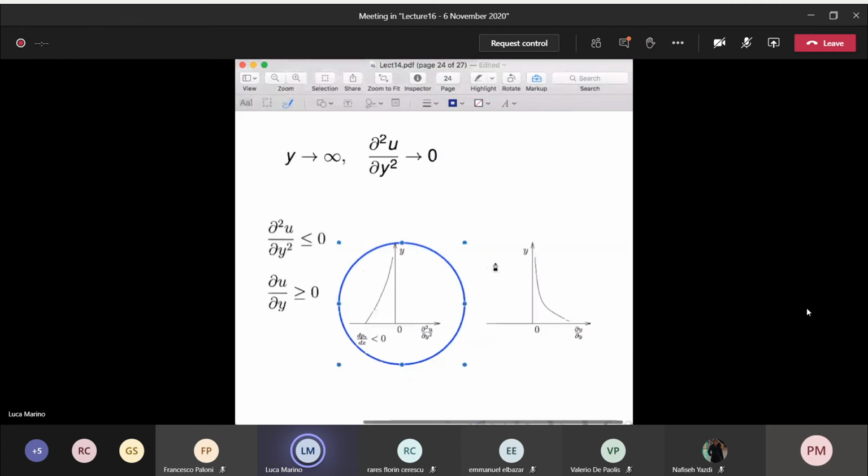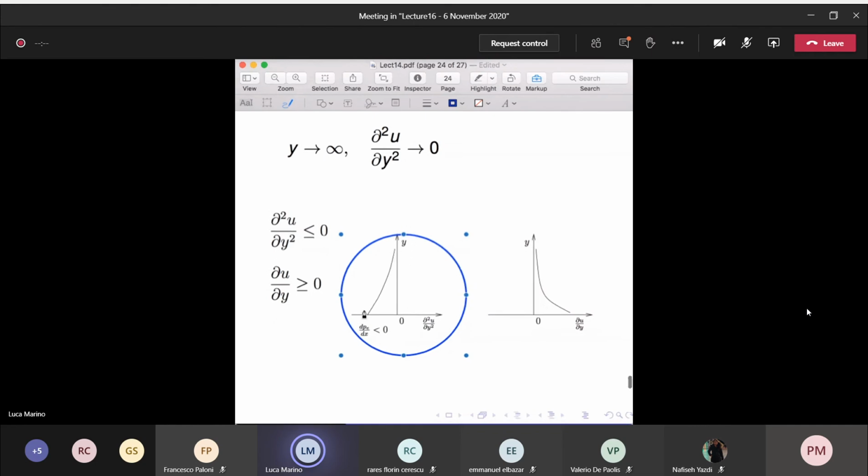If we pass from the second derivative of u to the first derivative, we have a shear stress which is positive, then far from the wall it goes to 0, and goes to 0 with the same sign. So starting from a positive shear stress, we arrive at 0 with a positive shear stress, because we do not have a change of sign.